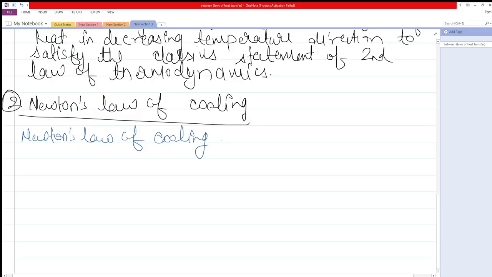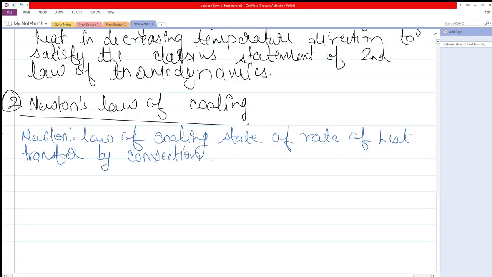Newton's law of cooling states that the rate of heat transfer by convection between a solid and a surrounding fluid is directly proportional to the temperature gradient.